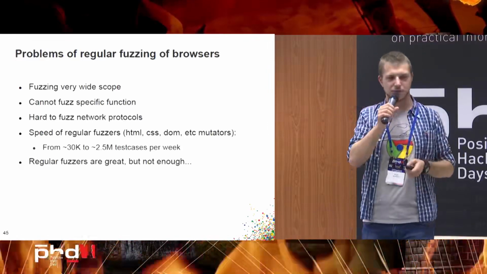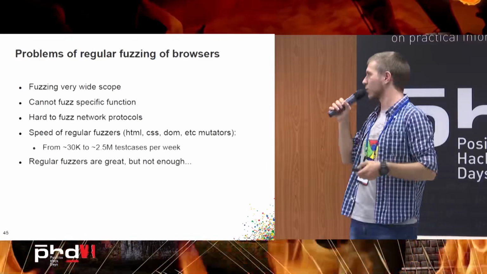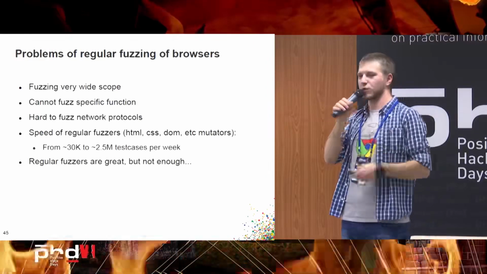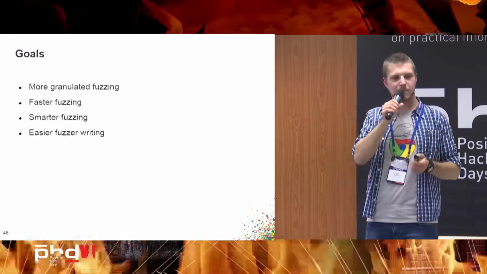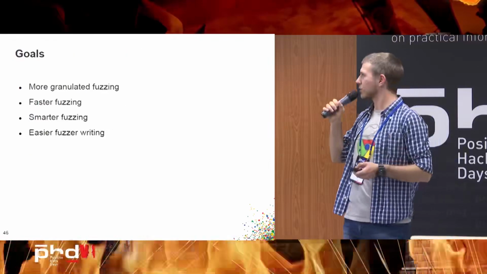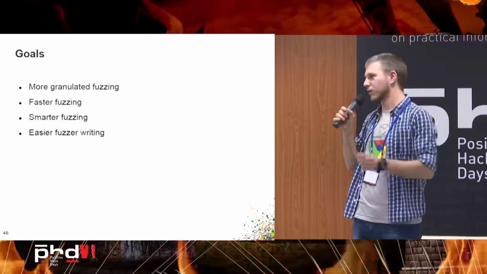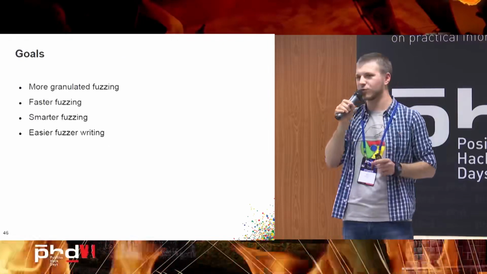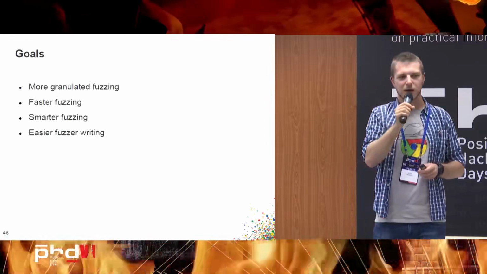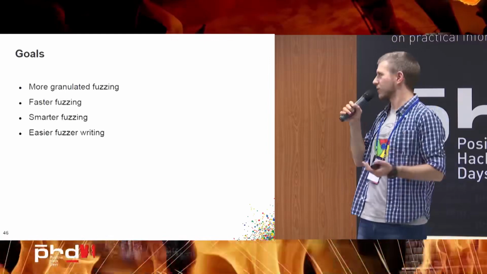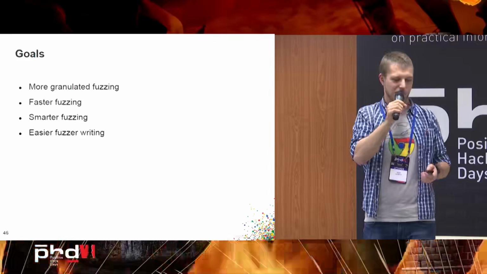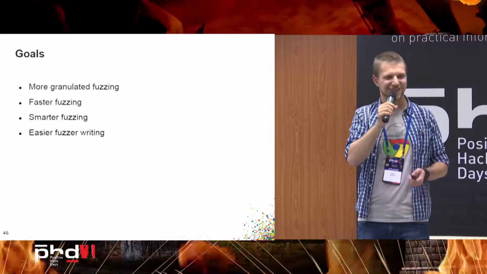However, these fuzzers are quite good because they can help you identify a number of bugs in the rendering engine for HTML tags and what have you. But it would be great to have more granular fuzzing, a faster one, with format decoding. We want it to be smarter and easier.